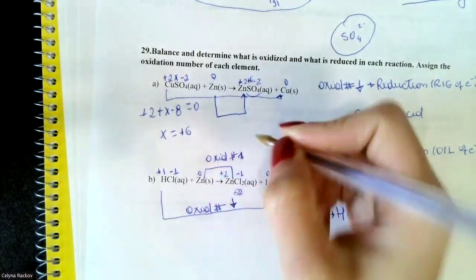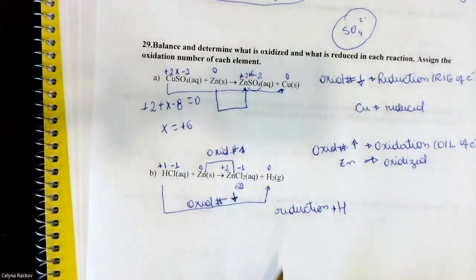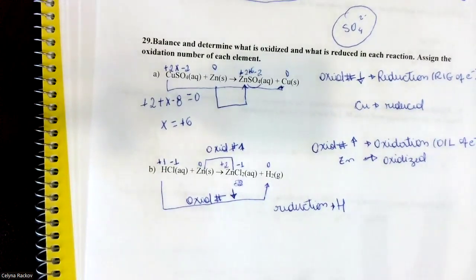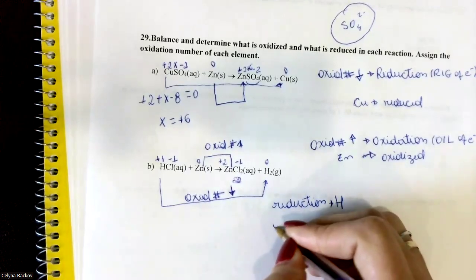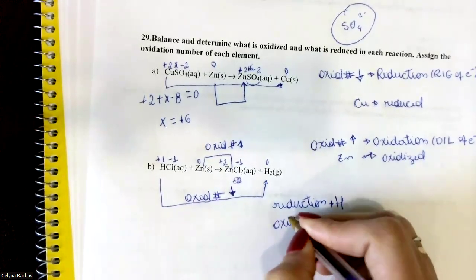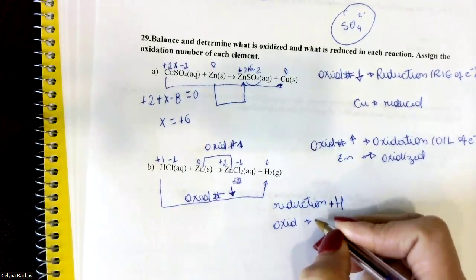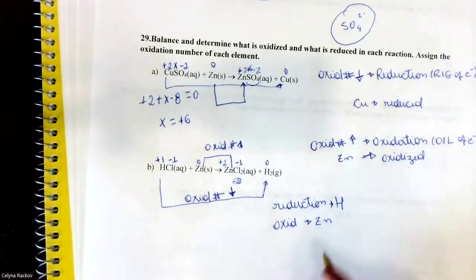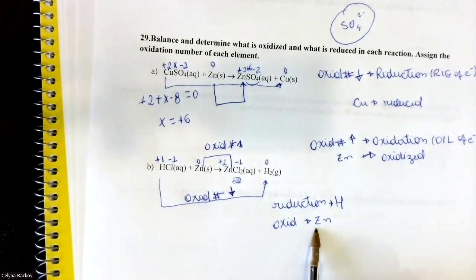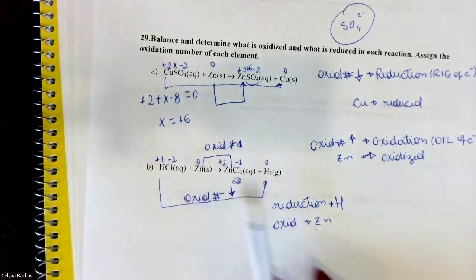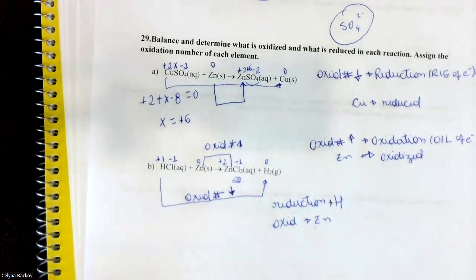The oxidation number increased, we have oxidation. So the zinc here was also oxidized and the hydrogen was reduced here.